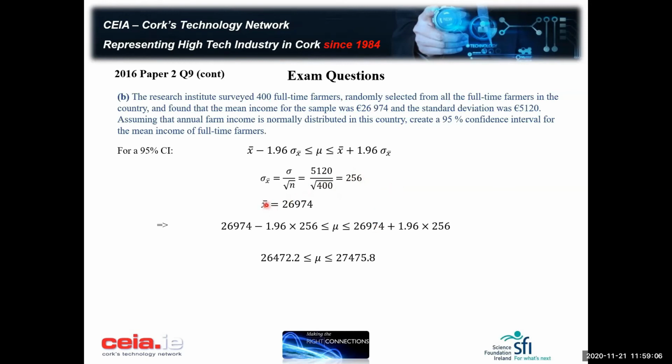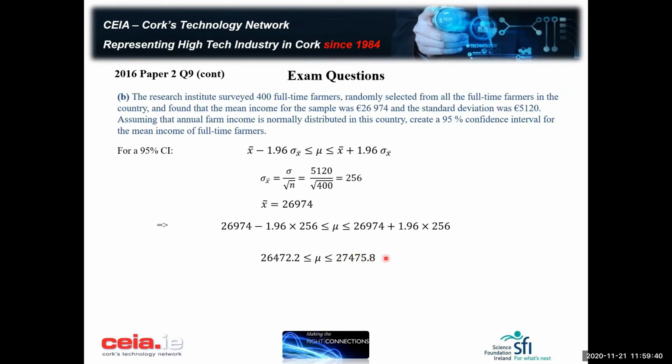And your sample mean is this number 26,974. So just apply this formula directly. So you're taking 1.96 times standard deviation from your sample mean to get this 26,472 for the lower limit, and you're adding 1.96 times sigma to the mean to get your upper limit of 27,475. And that's your answer then.